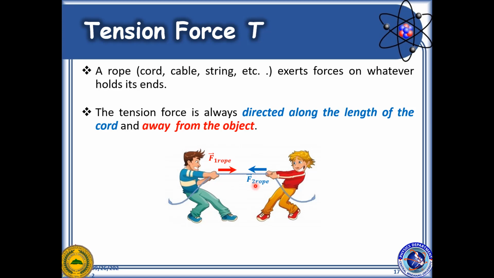We call this F sub 2. This is the tension force that is exerted by the rope on player number 2, so it is directed away from player number 2. Take note that these two forces are equal in magnitude, but as you can see, they are opposite in direction.